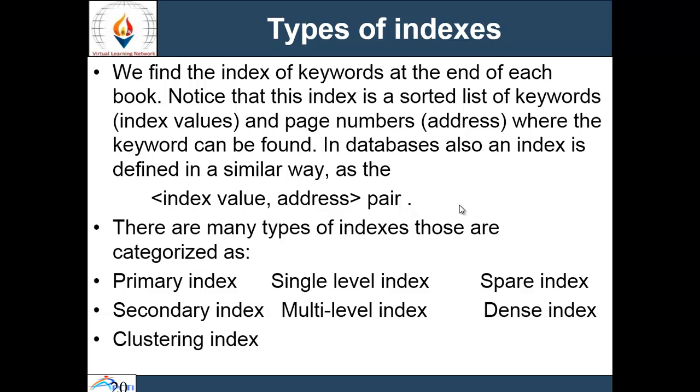The basic advantage of having sorted index pages at the end of the book is that we can locate a desired keyword in the book easily. We could have used the topics and subtopics listed in the table of contents, but it is not necessary that the given keyword can be found there. Also, they are not in any sorted sequence.